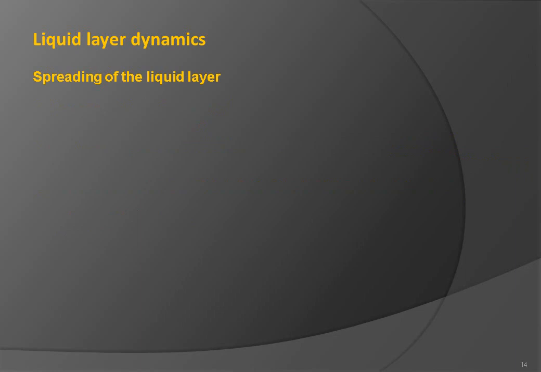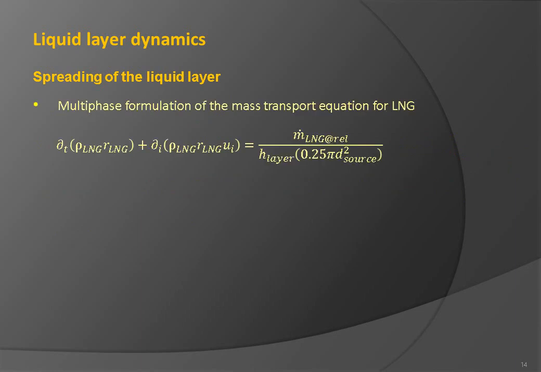Next, we will look at spreading of the liquid layer. Spreading rate of the liquid is calculated using a multi-phase formulation of the mass transfer equation, where R LNG is the LNG volume fraction. The term on the right-hand side of the equation is applied in the source volume only.